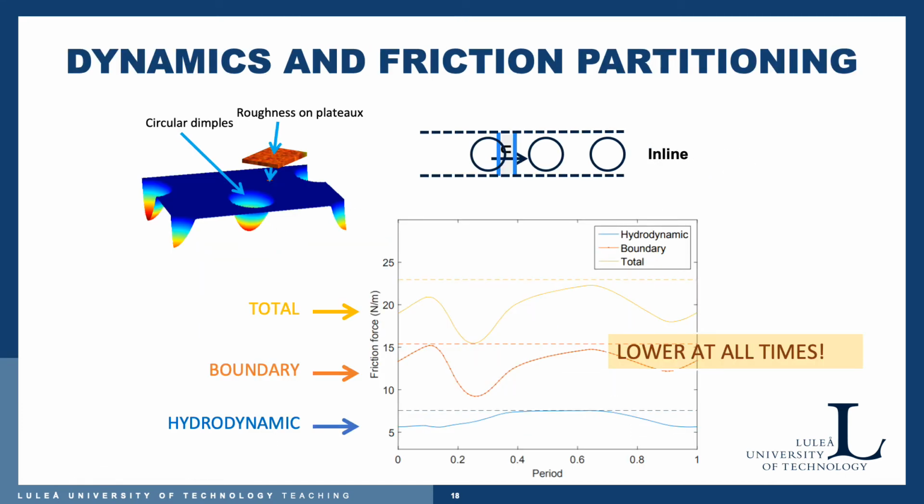And by including the dynamics, we were able to show that the total friction is varying, of course, as the piston slides over this inline pattern of dimples. It will see different gap size, and it will feel a different amount of mixed lubrication as it passes over here, and therefore the friction coefficient will vary, or the friction force will vary.